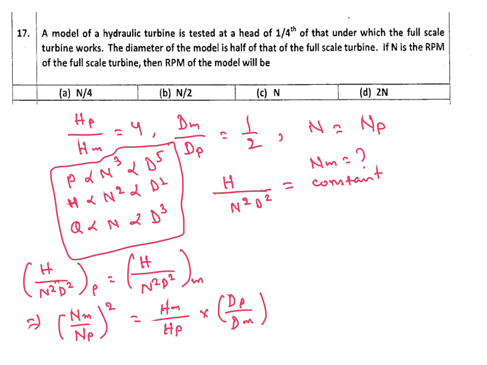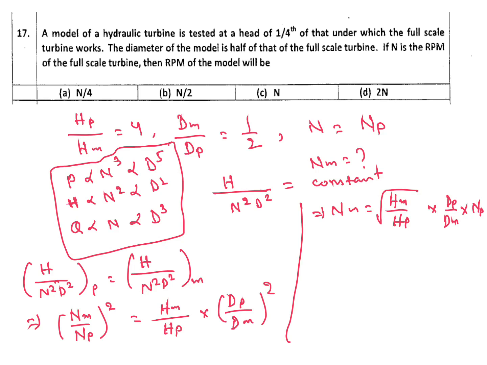So nm, we have to calculate the RPM of that model. It's hm by hp, head of model by head of prototype, into dp by dm, into np, the speed of that prototype.